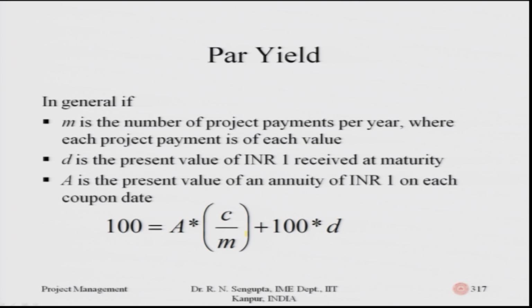D is the present value of Indian rupee received at maturity. So, you try to find out the present value of two terms. One is the present value of the principal amount whenever it is paid, plus the overall amount based on the intermittent payments which had happened, and you want to find out the present value of that.